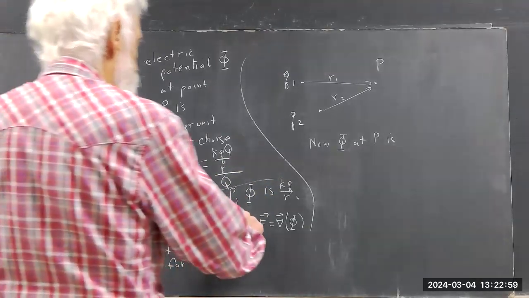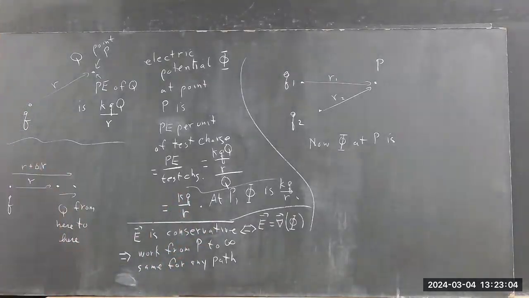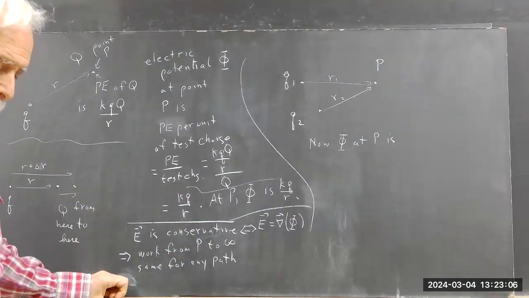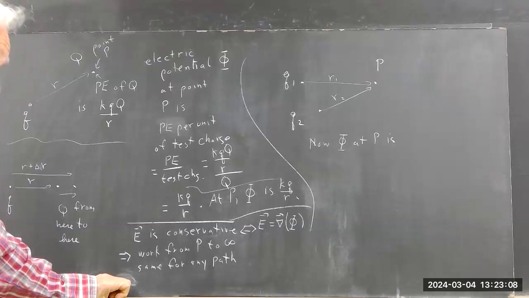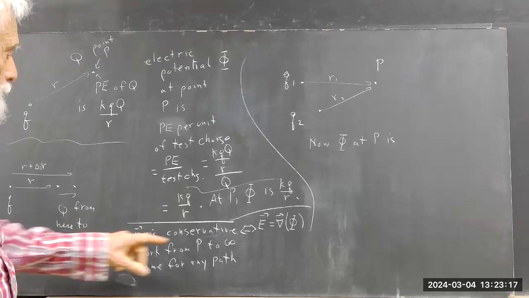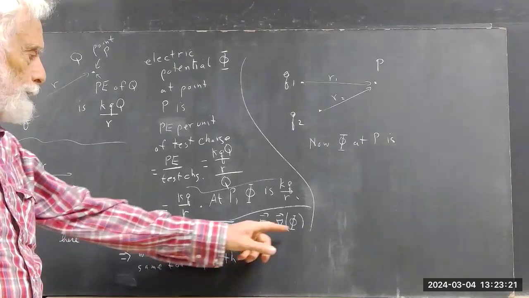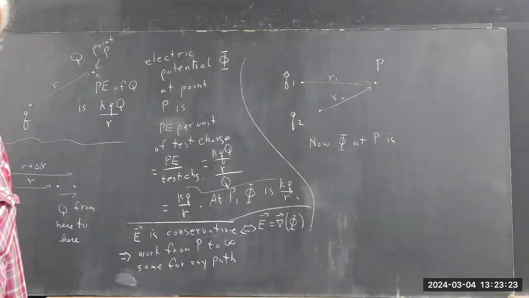Now I digress into some review of what you've learned in multivariable calculus, or will learn within a couple of weeks. A field is conservative first of all if and only if it's a gradient of some potential function phi.